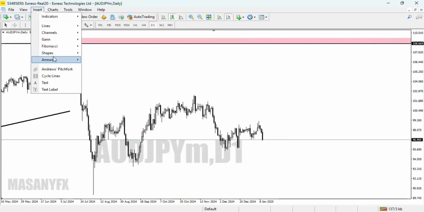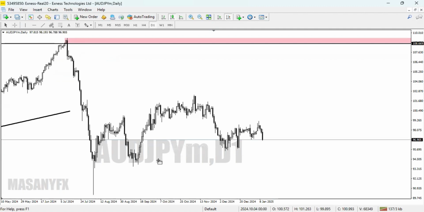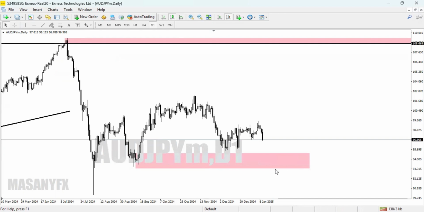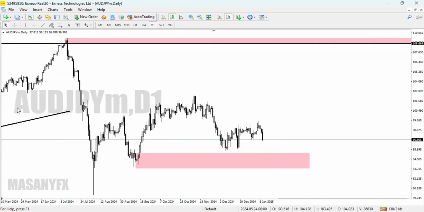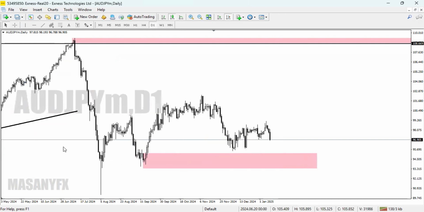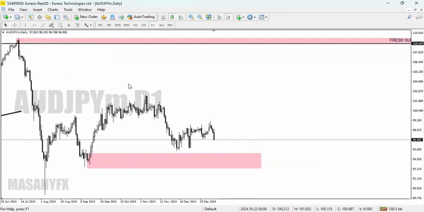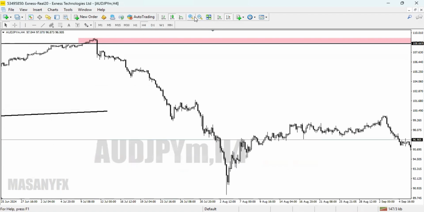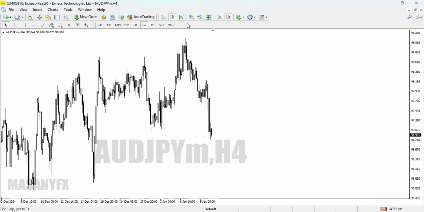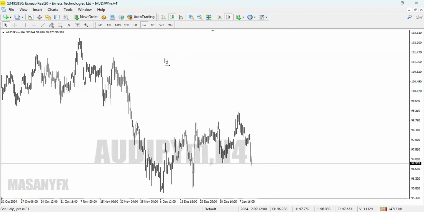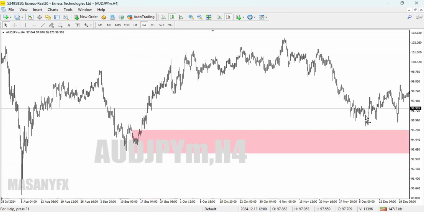If we are looking for buying opportunities, we simply look for a demand zone. Here is our demand zone. I can go to a smaller time frame as well and try to find this demand zone.